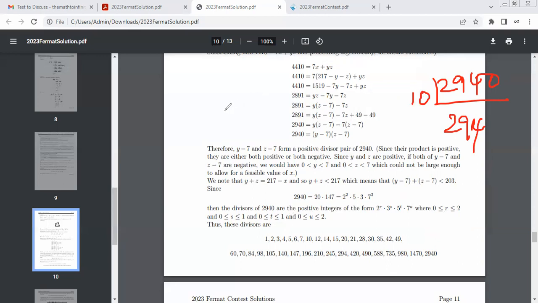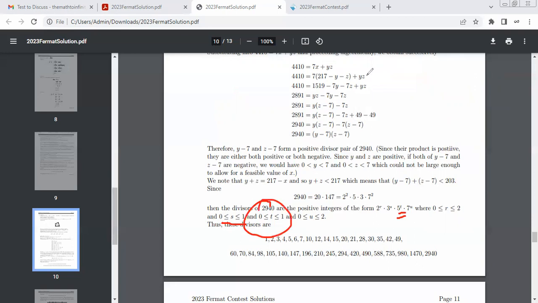So there is a possibility that the power of the 5 can be 0, which is 1. Is it clear? So it can range from 0 to 1, but it cannot go beyond 1 because you do have only 1, 5 in the factor. For 5, they were using t, right? And for 3, same methodology.